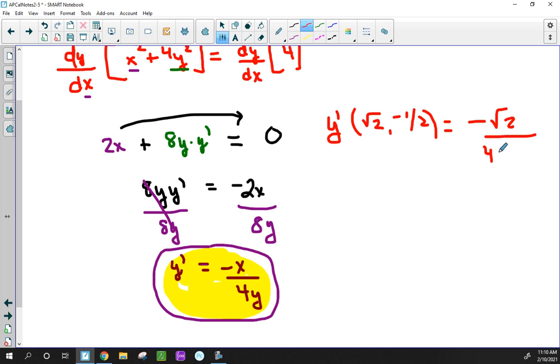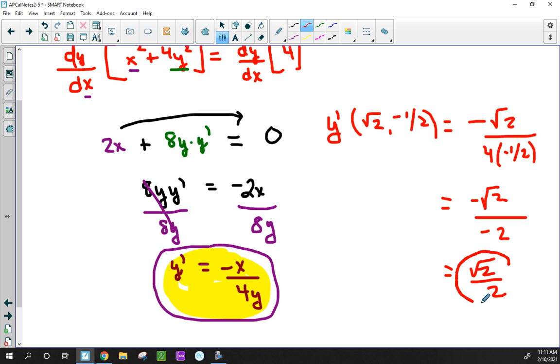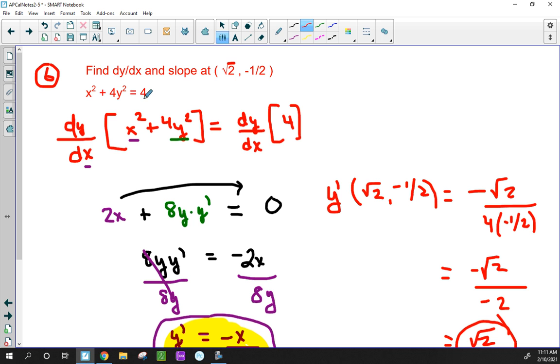So 4 times negative 1/2. And so this is going to be negative square root of 2 over negative 2. And that's going to be a positive. All right, so there's my slope at this location on this graph.